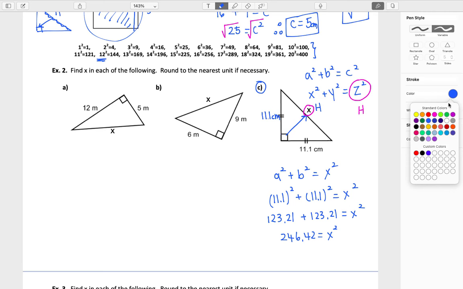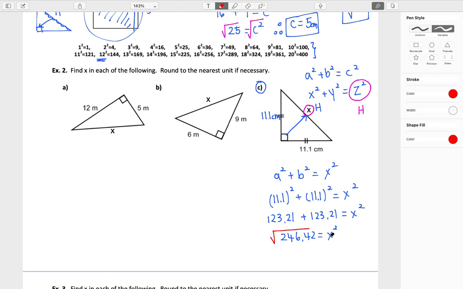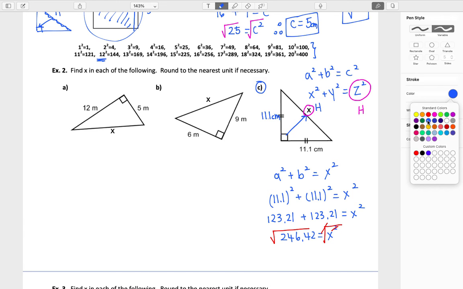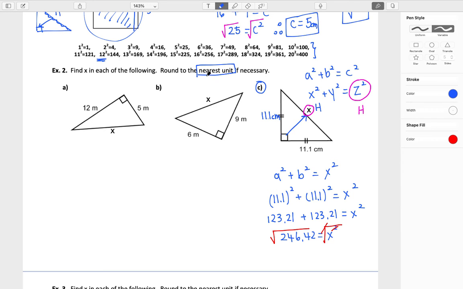Now to find X, keep in mind we have to square root both sides so that we get rid of the square and square root. So when you square root it, you are going to get, so round to the nearest unit if necessary. Nearest unit means that you have to have a whole number, no decimal. So X is equal to 15.